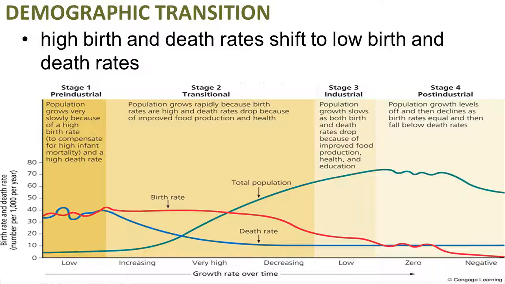On the x-axis, it's growth rate over time, depicted as low growth rate, increasing, very high, decreasing, low growth rate, 0, negative. So it's pertaining to the population growth rate on the x-axis. The 4 stages of the demographic transition are also depicted.